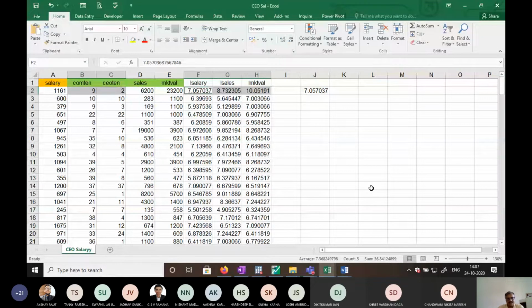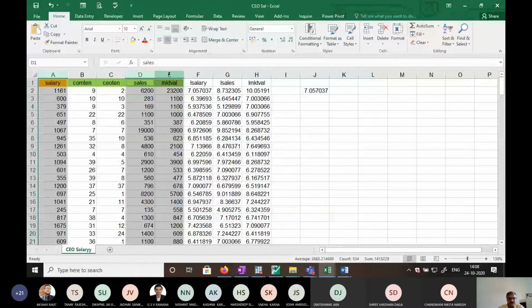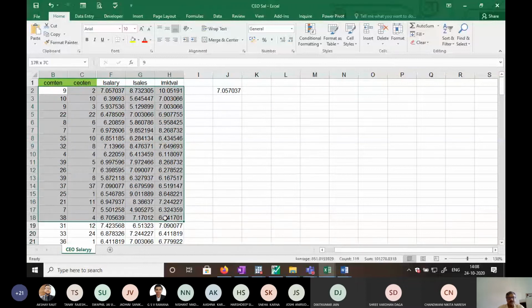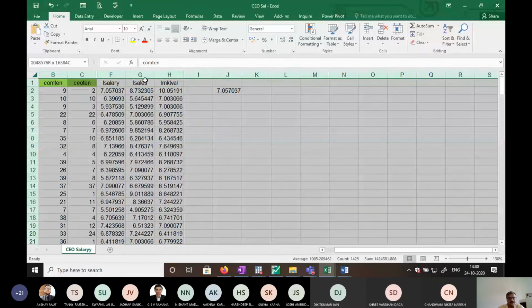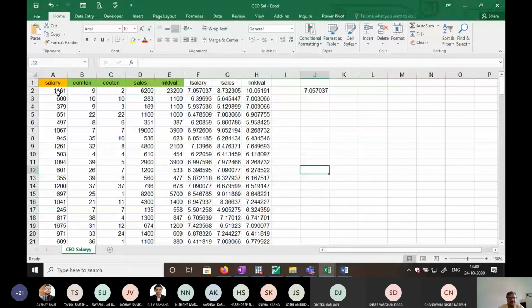Having converted salary, sales and market value into log numbers, now there's no problem in running the regression with this data, but earlier it was not the case. Earlier there was inconsistency because these were of higher orders.